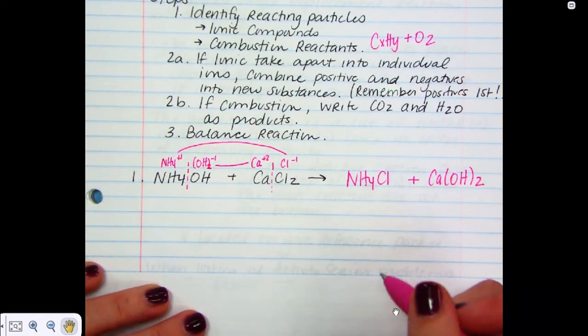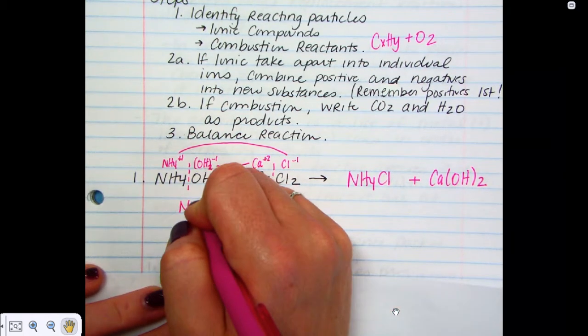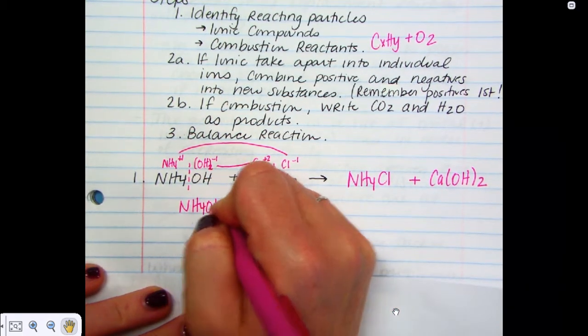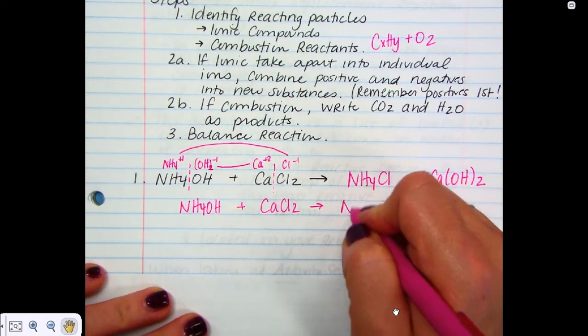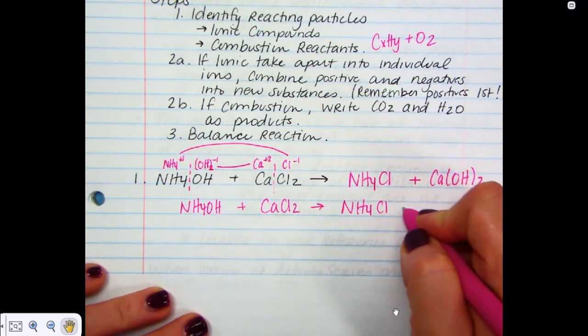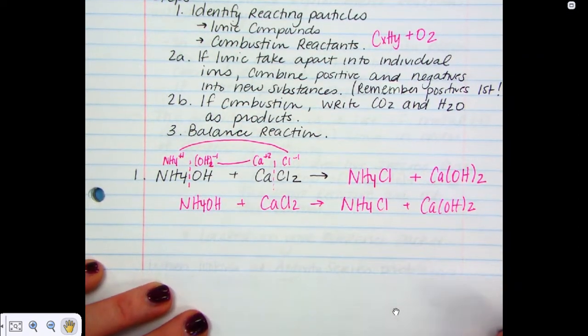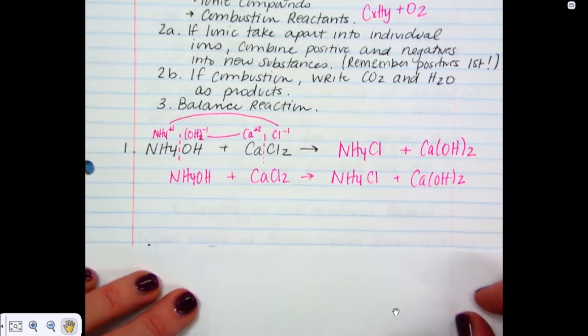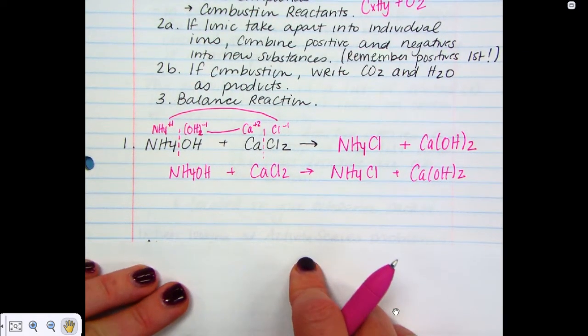All right, now I can deal with my balancing. I'm going to rewrite this since I kind of wrote all over it, just to make it easier to see. NH4OH plus CaCl2 yields NH4Cl plus Ca(OH)2. We're going to do this without a chart because this is the third balancing video, and I think by now we can start to see some of these without having to write the chart.